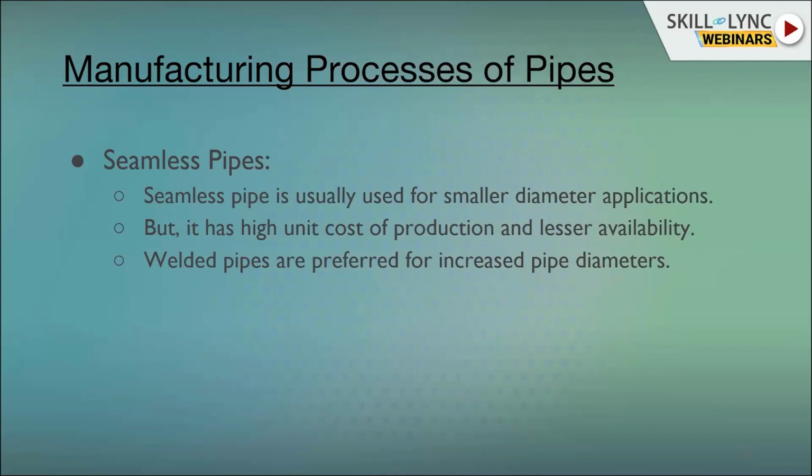Then the solid cylinder becomes a hollow cylinder, and that is passed through a series of rollers which maintain its diametrical tolerances, as well as the ID and OD, that is the inside diameter and the outside diameter of the pipe. Different kinds of heat treatment processes are also there for this kind of seamless pipes, which we will be covering in the next slide.